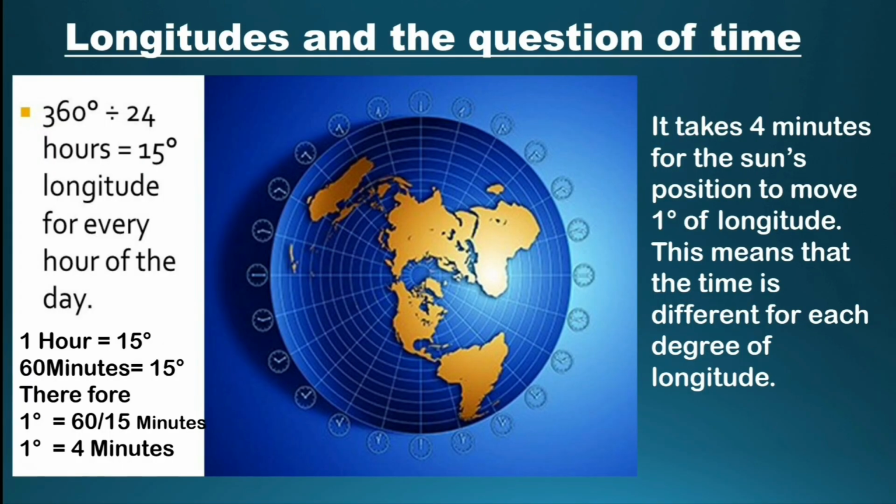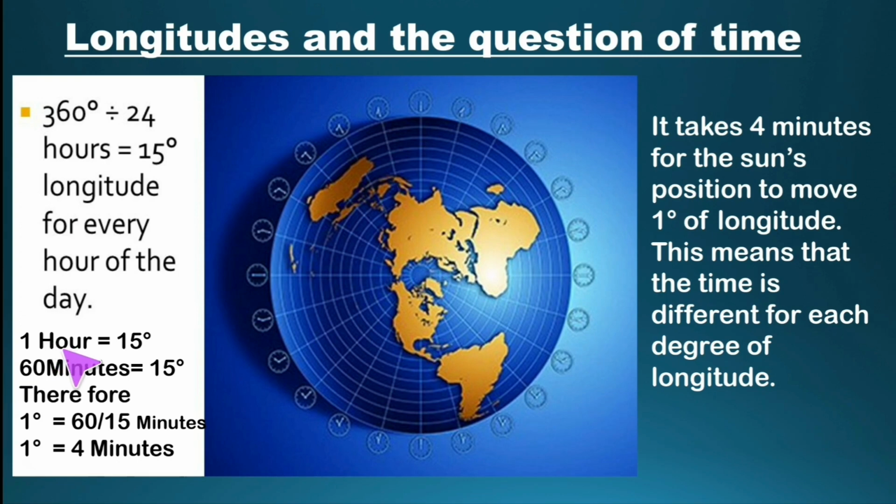Now let us move to longitudes and the question of time. We have already studied that there are 360 longitudes. That means 360 degrees, and the total time of a day is 24 hours. So if we divide 360 by 24, we get 15 degrees. That means in 1 hour, the sun will move 15 degrees.